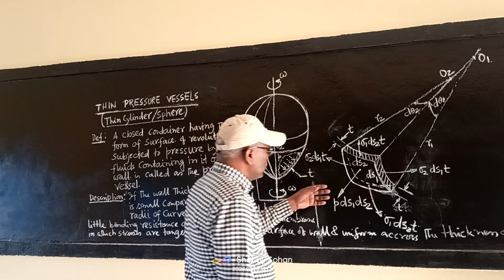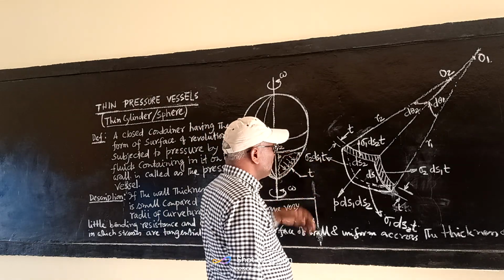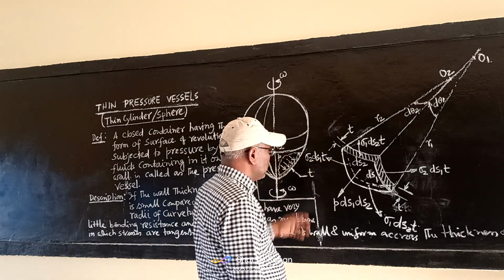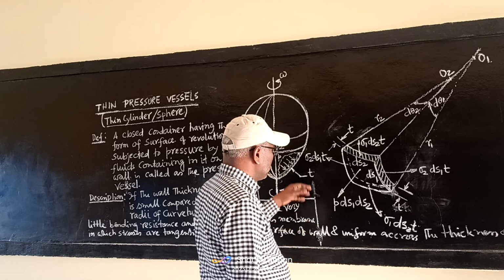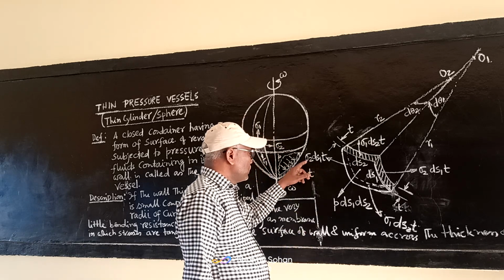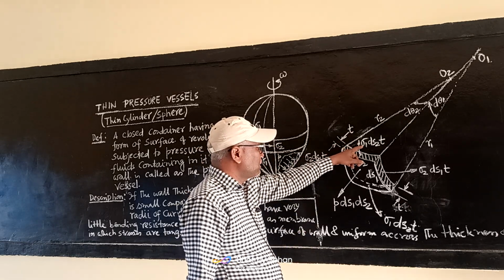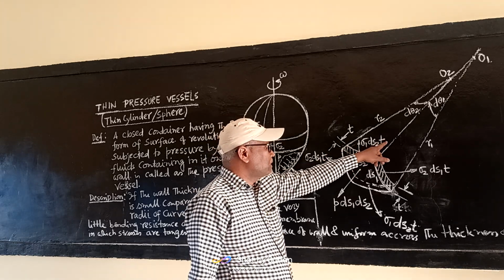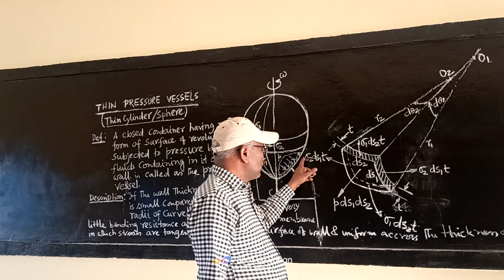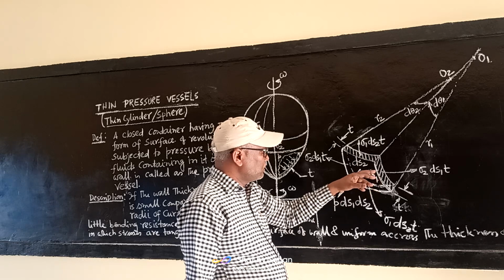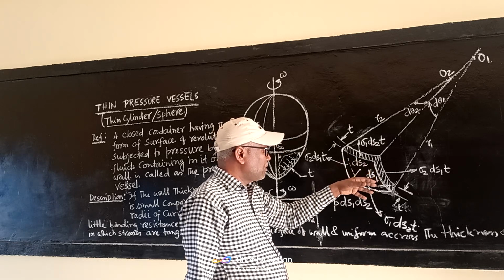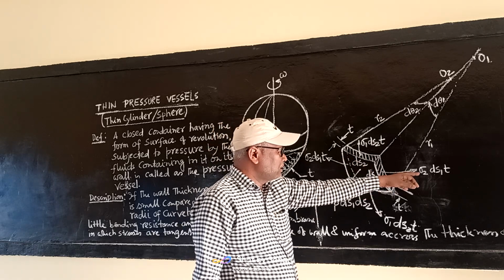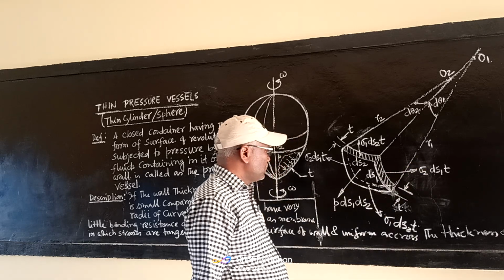Now, this pressure force will be restricted by the longitudinal force as well as the circumferential force. That is called stress resultant. Longitudinal stress sigma 1 corresponds to material area ds2 into t. Circumferential stress sigma 2 corresponds to material area ds1 t.